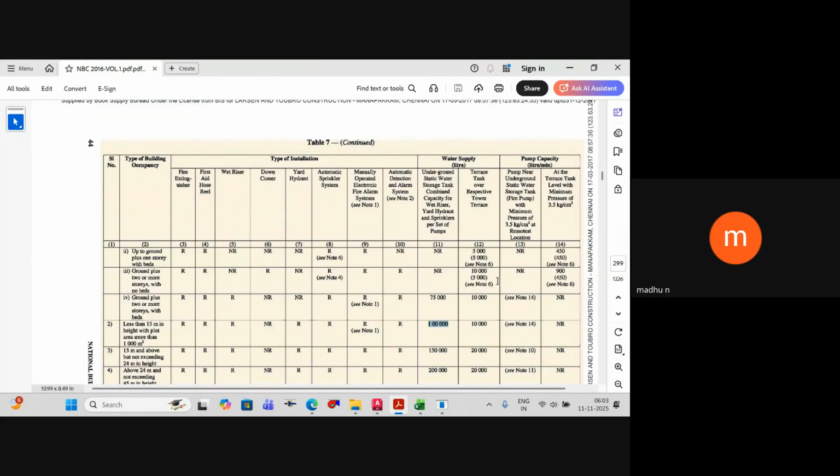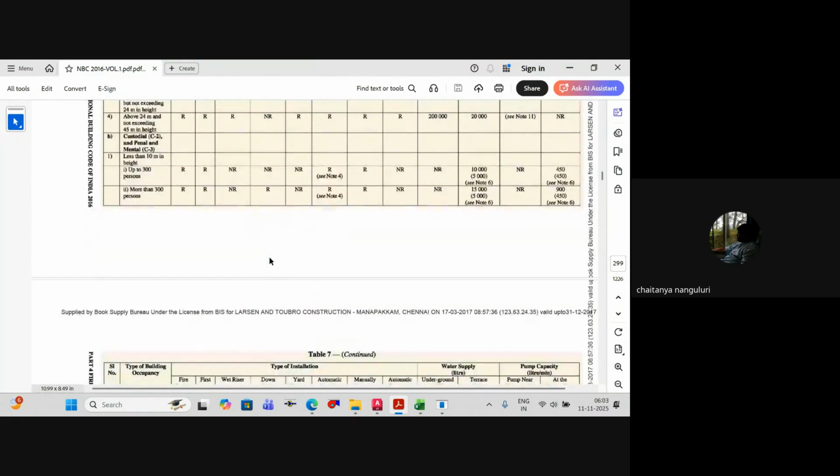And your pumps are more stringent. In fact, cost-wise, it will inflate almost 70% higher, your pumps and all, if it's NFPA compliant. Because NFPA should have UL listing, and for that a lot of safety features should be added to your pump motor. Okay. Anyway, so this is number one.